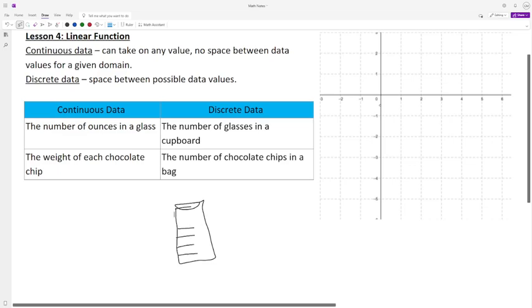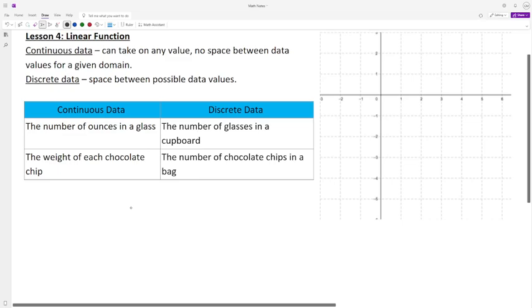We could say there's half an ounce, 1 whole ounce, a quarter, an eighth, a 16th, a number between a quarter and a half, and a number between that and a number between that. There could be any range of these ounces inside of the glass.